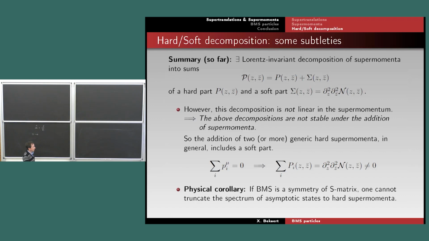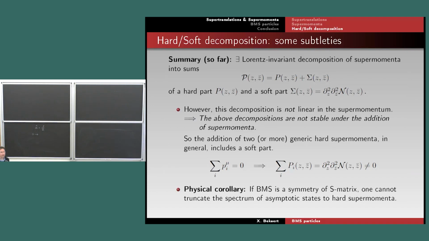Physically, you can think about it like this, which is a well-known fact: if you take a sum of momenta that are conserved, their corresponding sum of hard supermomenta will not be equal to 0. There will necessarily be a non-zero soft part in it.